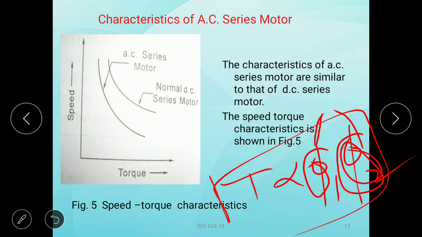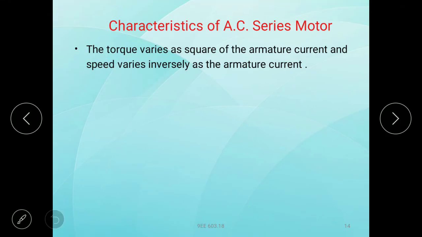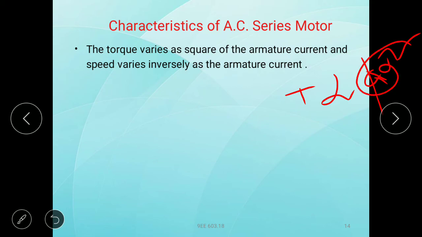So now the torque is proportional to the square of the flux. Torque is proportional to phi squared. In a series motor the torque varies as the square of the armature current, that means this phi comes from the current, so torque is proportional to I squared.